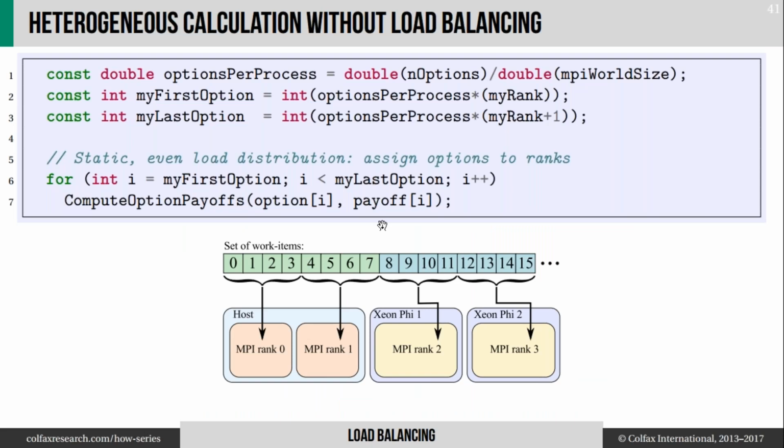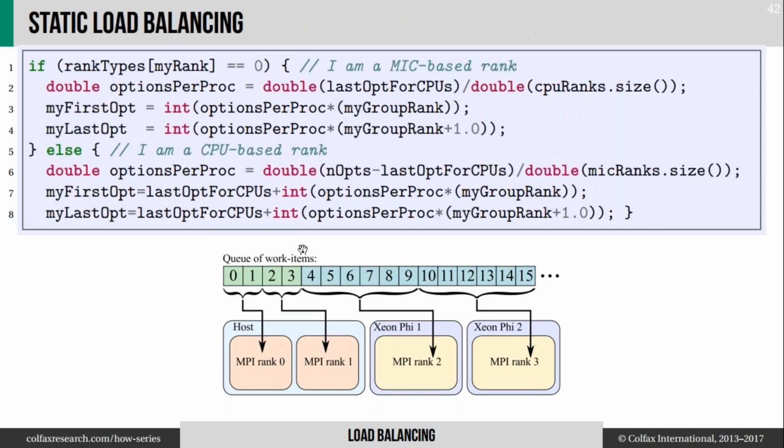You have several options. One approach is static load distribution, where instead of distributing work across ranks in equal chunks, you identify which of your nodes are CPUs and which are Xeon Phis.